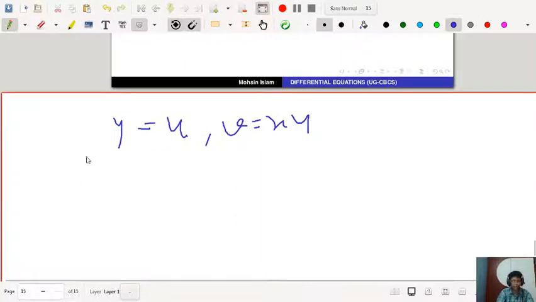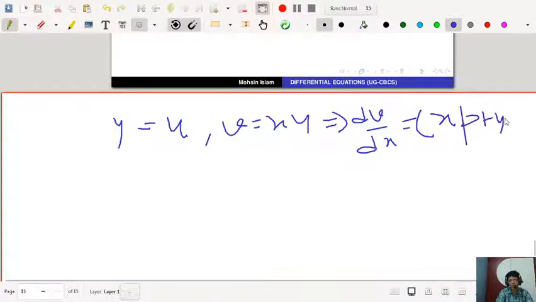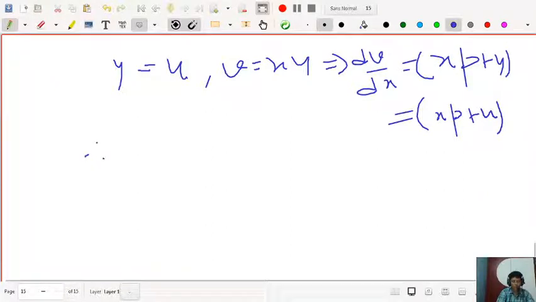So your xy equal to v implies dv/dx equal to xp plus y, because p is your dy/dx, and that is equal to xp plus u. Now what is your dv/du? dv/du is given by dv/dx by du/dx.